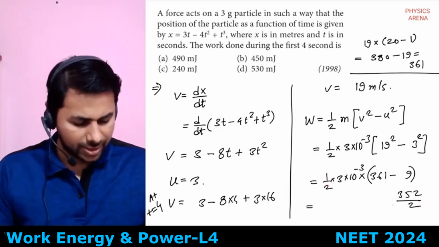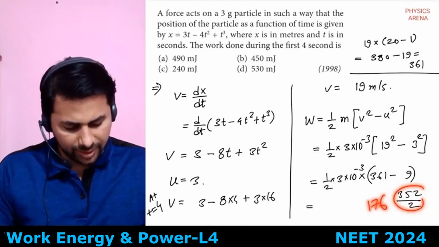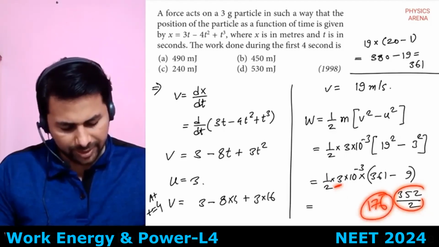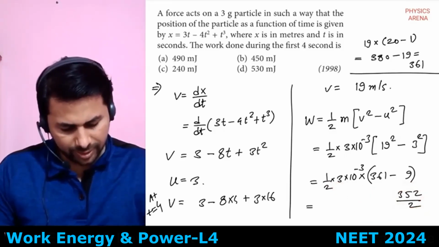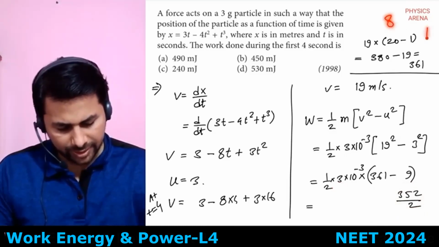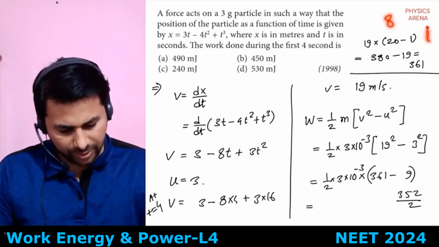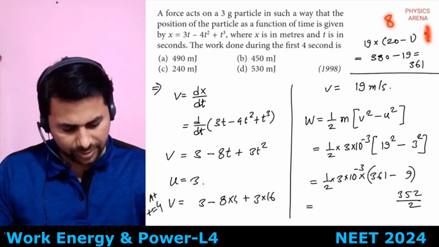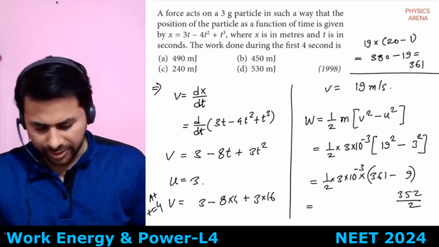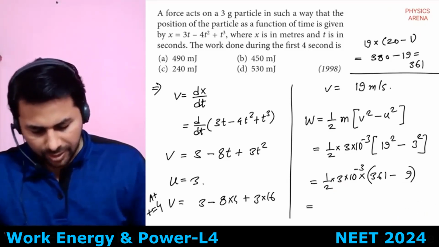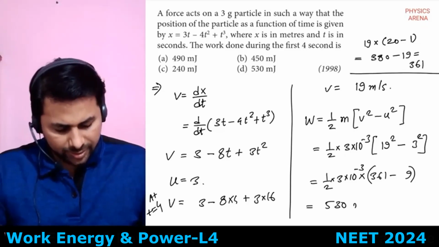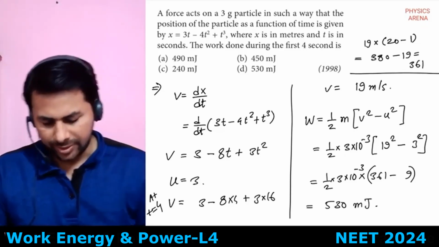Right, 175 twos are 350. So this is 176. 176 multiplied by 3. So 6 threes are 18, then you have carry 1, 5 to 8. So that's 530, right? 530 millijoules is the answer. Option D.